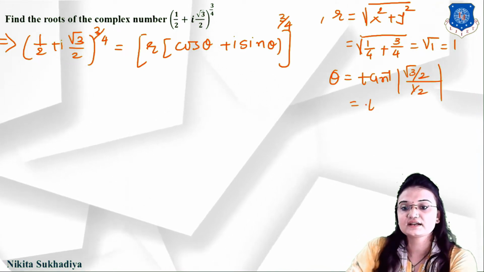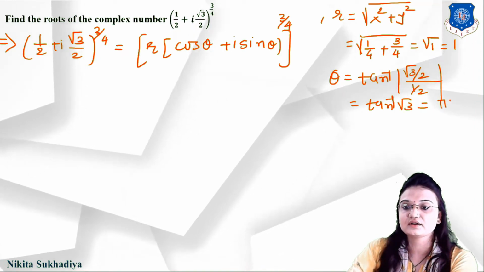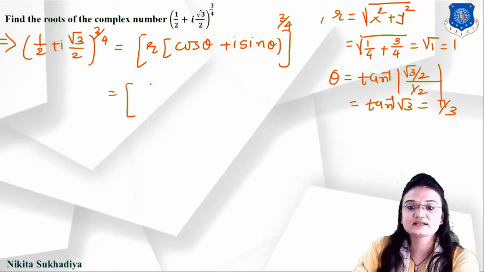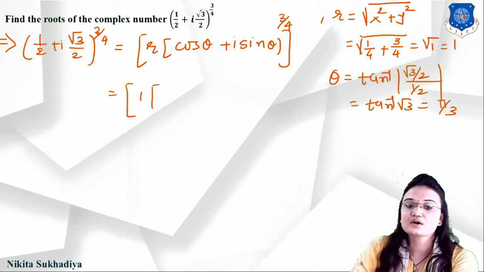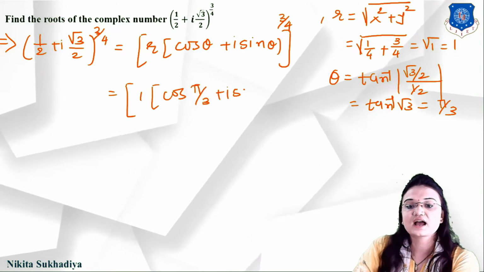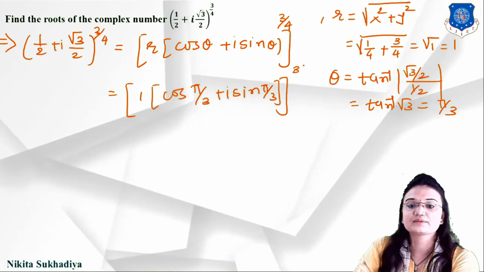So this is tan inverse root 3, and tan inverse root 3 is nothing but pi by 3. So for this case our r is 1 and cos theta, that is cos pi by 3 plus I sin pi by 3 raised to 3 by 4.